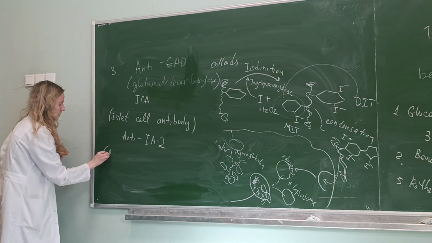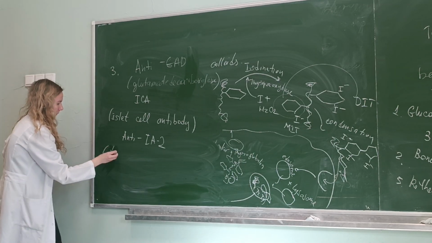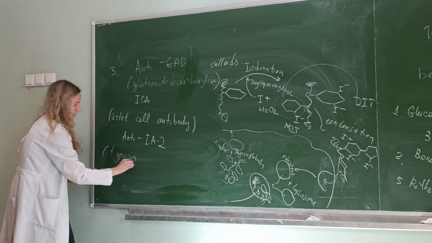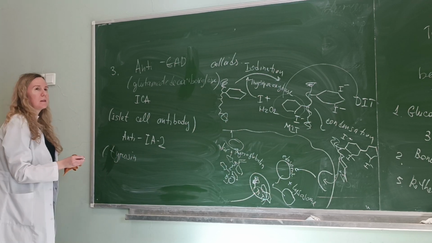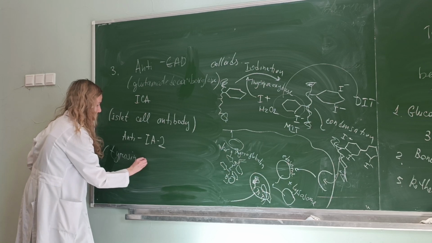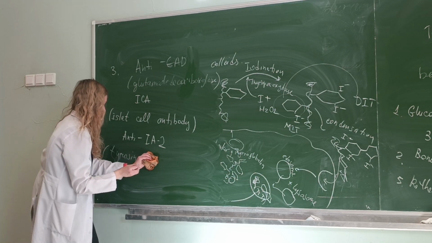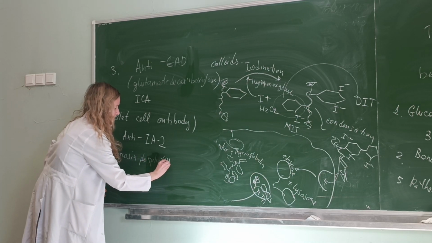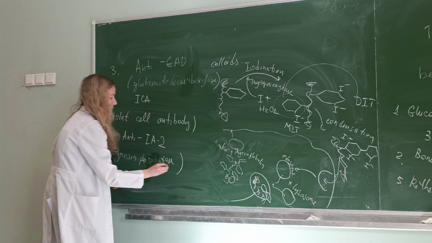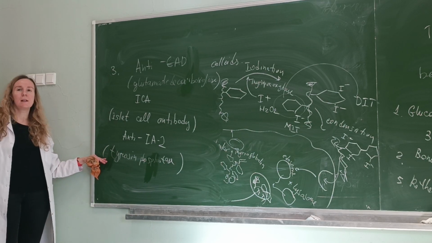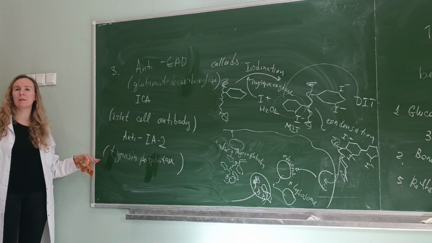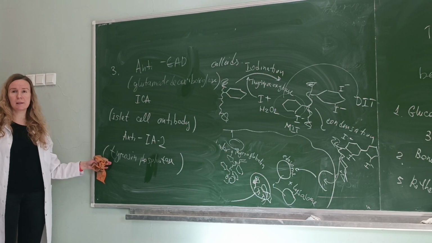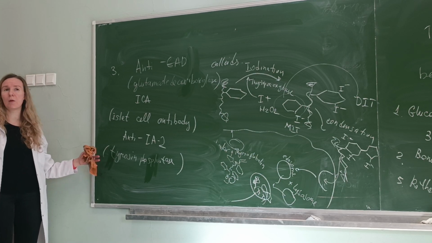Then tyrosine phosphatase antibody. Again, tyrosine phosphatase is an enzyme involved in insulin secretion. Against this enzyme, we can have antibodies in our organism.